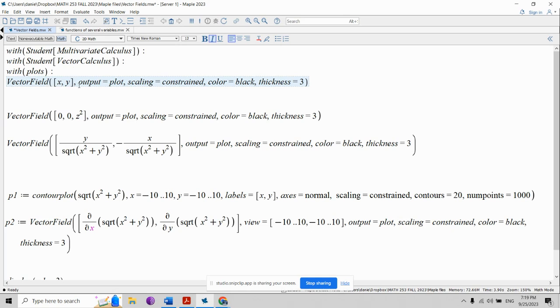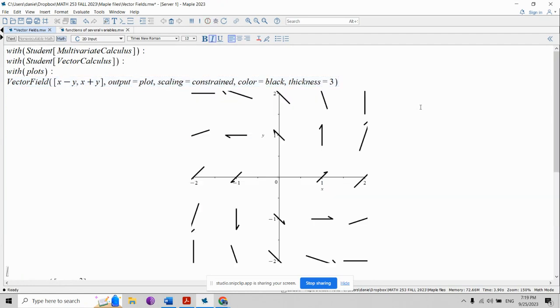Let's just plot a couple. Actually, let's start with the one we did as our first example, which, if I remember, was x minus y, x plus y, the two components. You can control the sample of vectors given here.